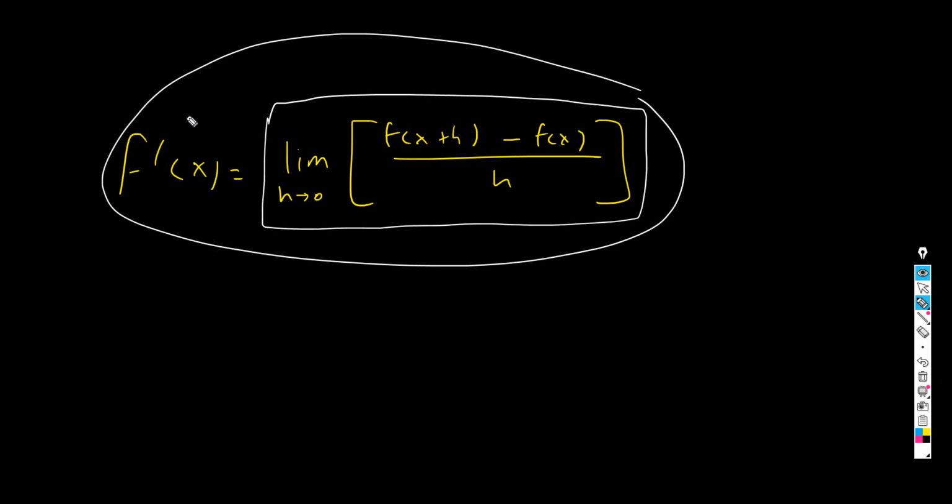I'm going to repeat one more time that. All of this symbol is read as the derivative of f at x. And what is that equal to? This limit. The derivative of f at point x is equal to this limit. That is the definition of the derivative.